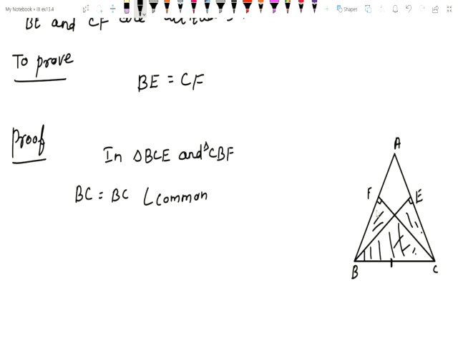See here, each one is 90 degrees. So we are using that angle BEC equal to angle CFB, each 90 degrees.